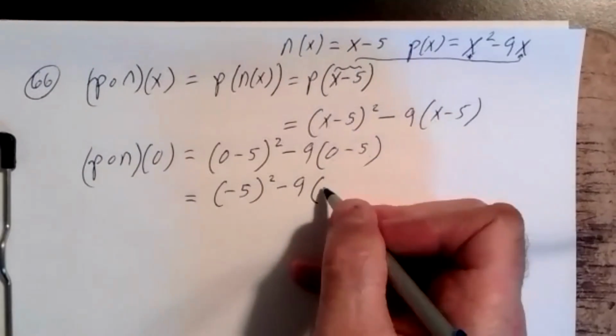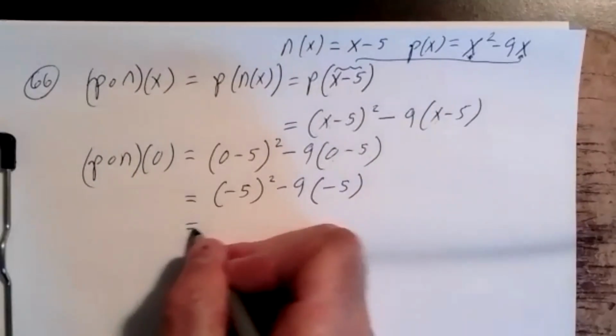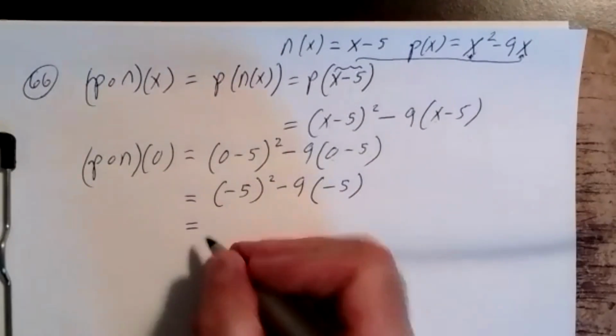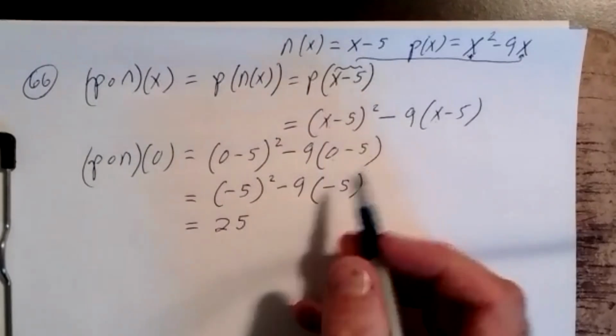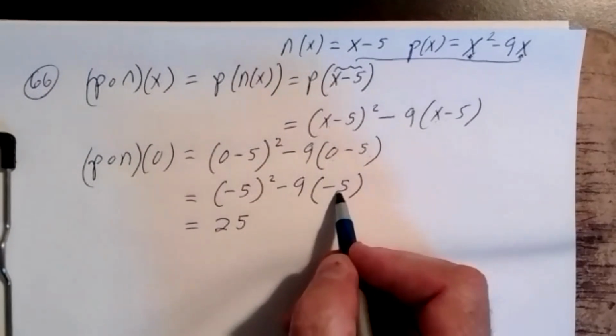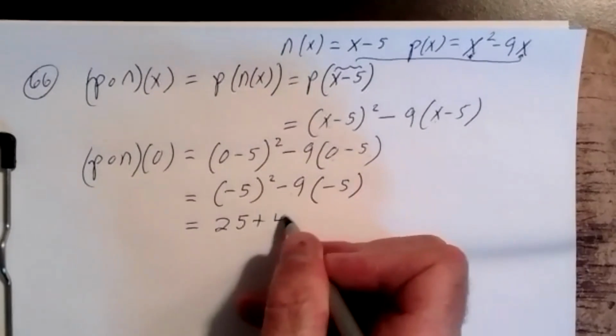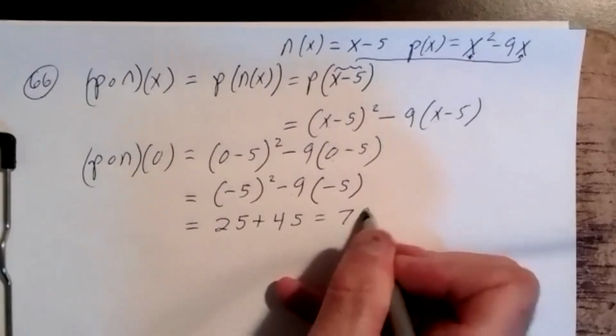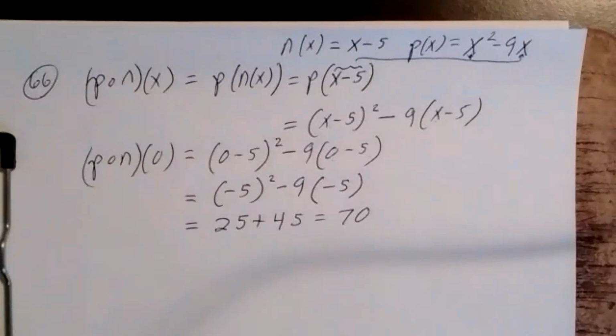Minus 0 minus 5 is -5. What's -5 times -5? 25, and minus 9 times -5 is plus 45. And hence we would get 70. So P composed with N of 0 would evaluate to 70 for those functions.